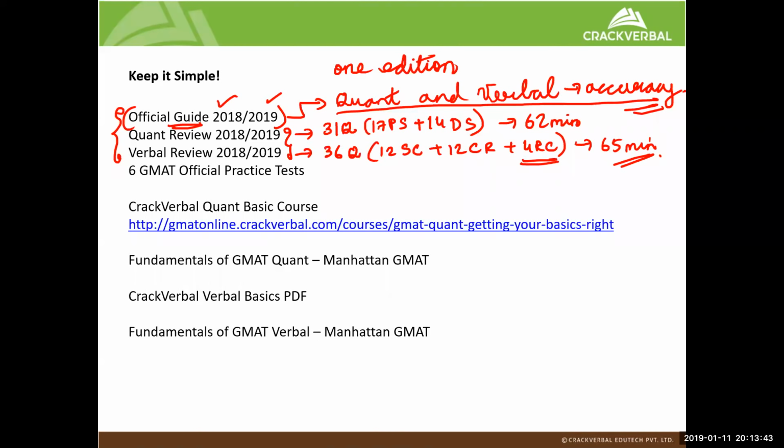Why is this important to do? I'm saying this timed practice is good for the verbal front because no sentence correction question will test you only on one concept. Now, something I don't like personally is segregating sentence correction questions into parallelism, modifiers, comparisons, and so on. It is actually not a good idea.